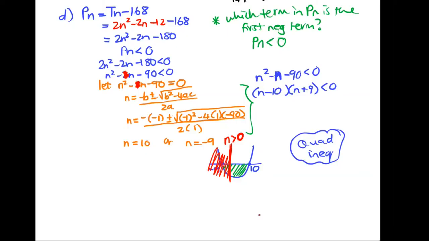We are only looking at the values of n that are natural numbers. Okay, so we are only looking on this side, on the right-hand side. So the first natural number would be when n is 1, and then 2, and then 3, and then 4, and it's going to continue.